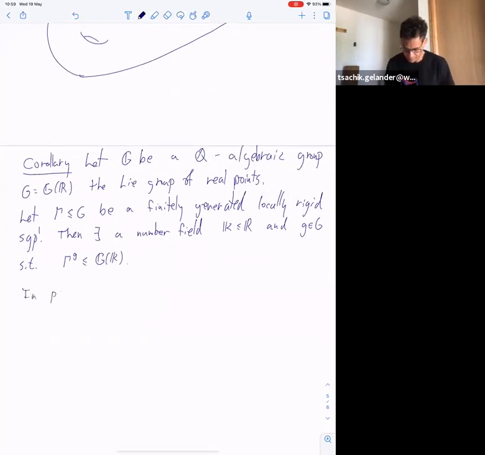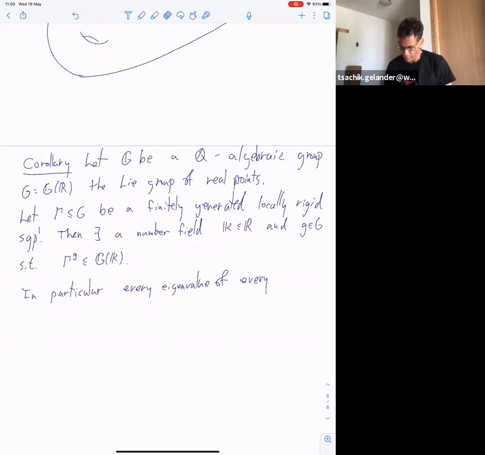In particular, every eigenvalue of Ad gamma for every gamma in gamma is algebraic.